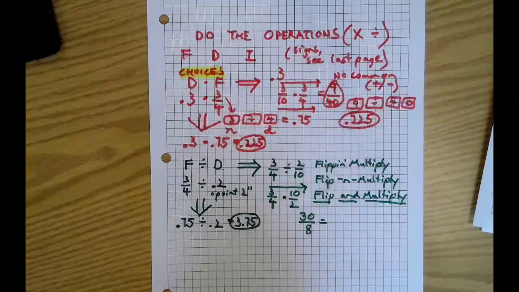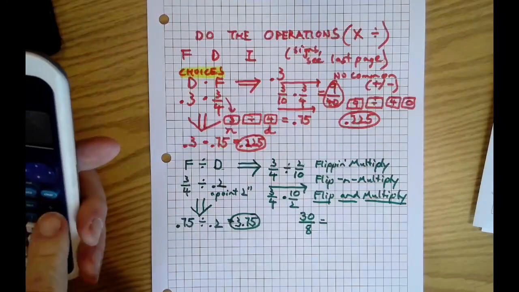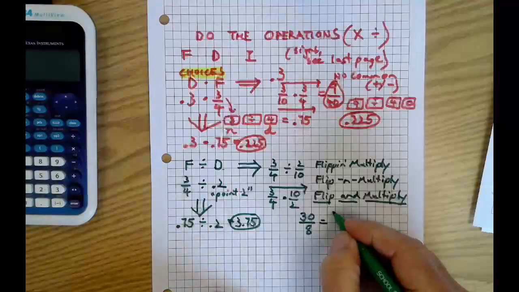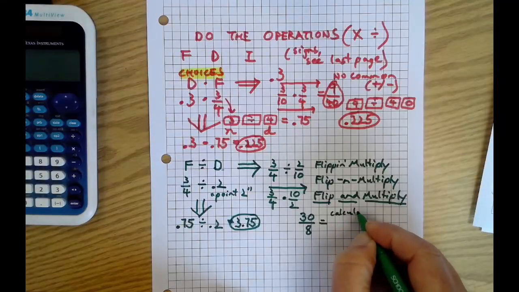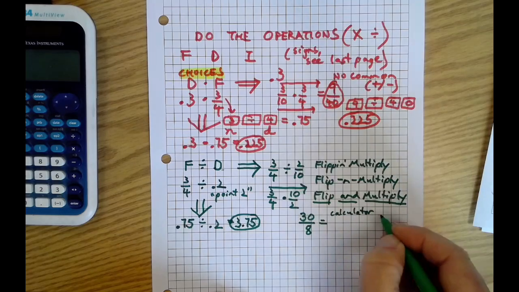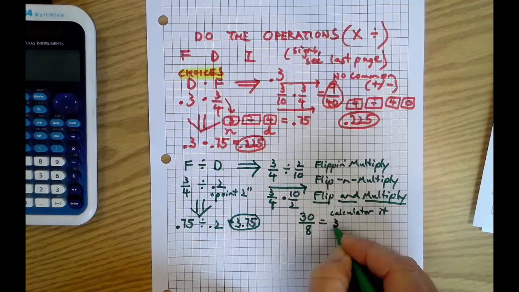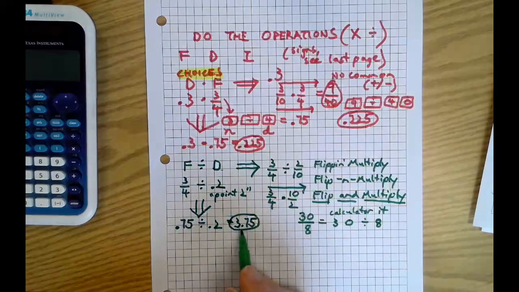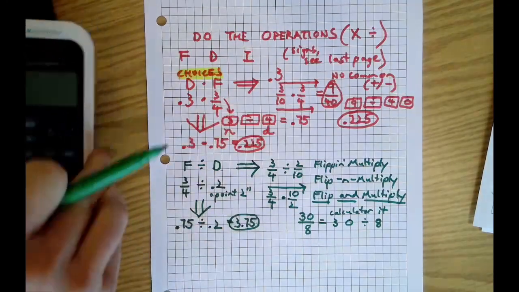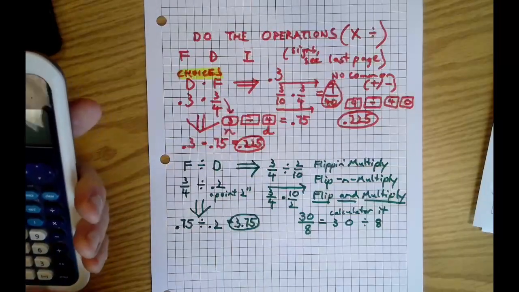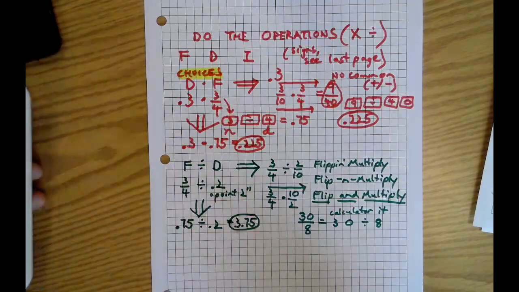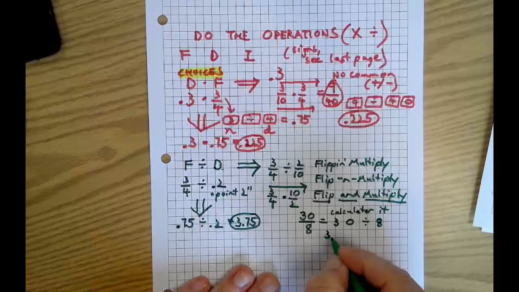Sure, we could simplify that, but here's what I want to do is I want to go ahead and calculator it, using calculator as a verb. So I've got 30 divided by 8. The reason I'm doing that is to see if it matches my decimal problem, proving that both strategies work just fine. It all comes down to you making a choice.